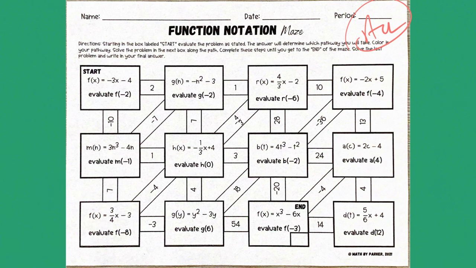All right, let's do, now that I'm looking at this a little bit, negative n squared minus 3 and g of negative 4/3 x minus 2. They want to evaluate for r of 2.